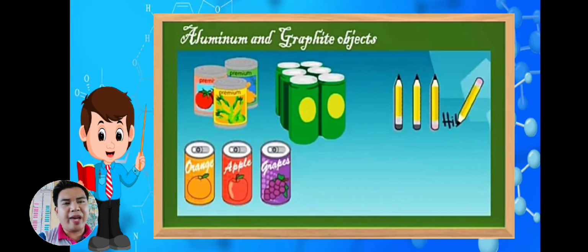Now, how can you help our environment in order to solve our problem in waste management? Using these materials, what are you going to do to make useful aluminum jars, aluminum cans? Exactly, you are going to recycle these materials to be useful. Very good.